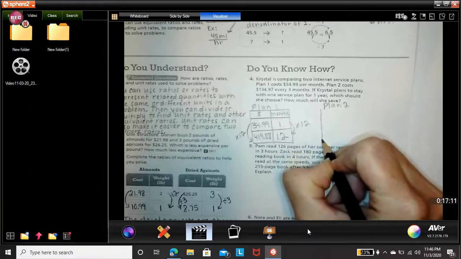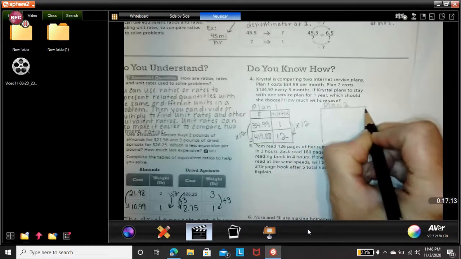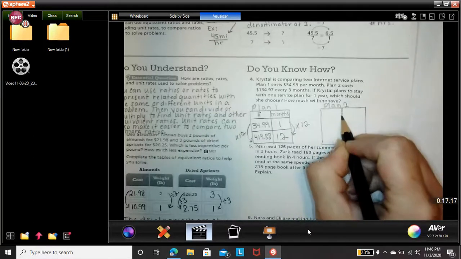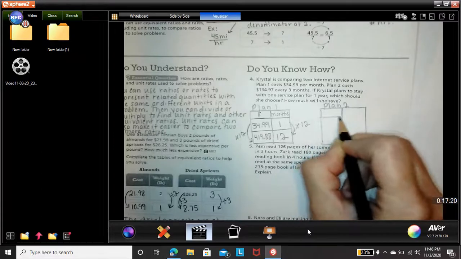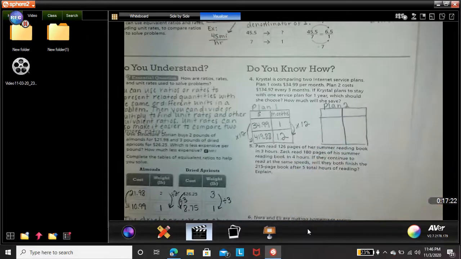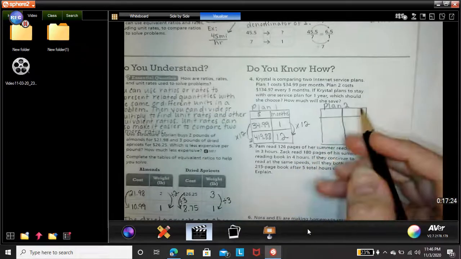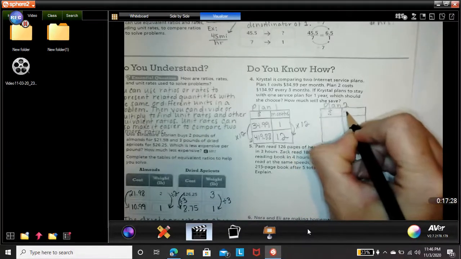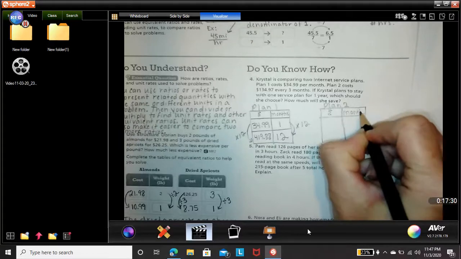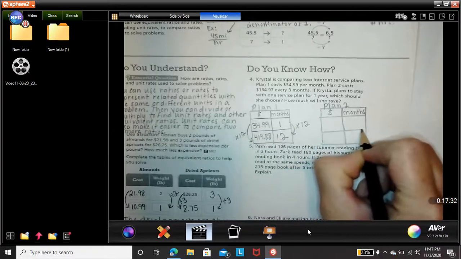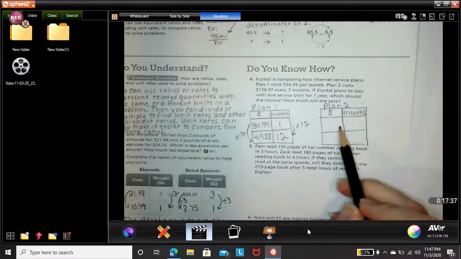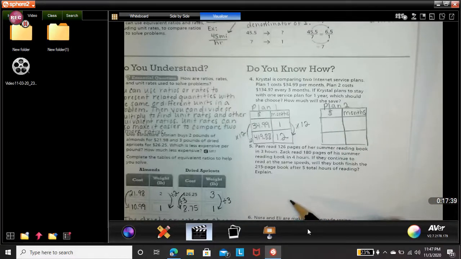I'm going to go ahead and draw another table. The top, we're going to have the same headings. Our units of measure are dollars and months. And we're going to fill in this top row here with the information provided in the word problem for Plan 2.